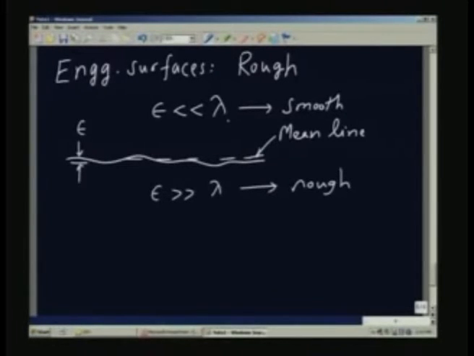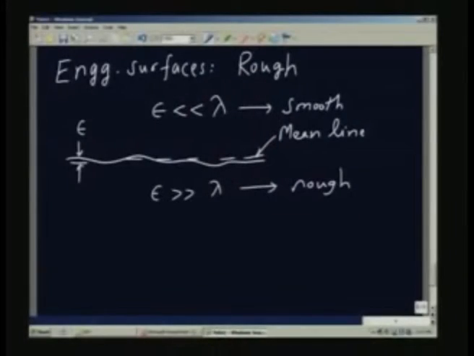And as we mentioned earlier, we may be talking about lambda varying from the ultraviolet part, then the visible part, and then the infrared. The lambda is not a constant, it depends on the particular application. So, if you want to consider some surface as smooth in the visible part of the spectrum, then this quantity epsilon must be much smaller than the wavelength of the corresponding radiation.